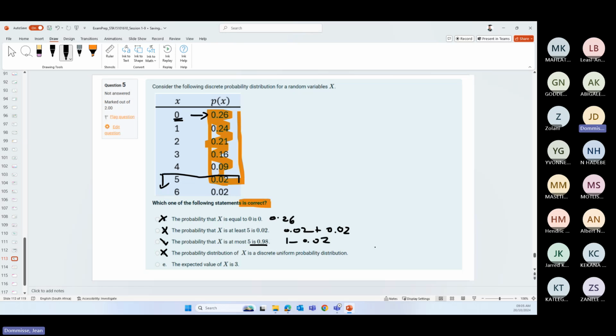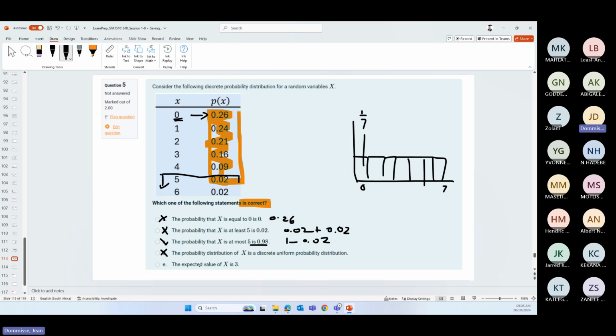Uniform would have meant that if we have 7 options, it would have been 1/7, 1/7, so that your graph would have also looked like this. Everything would have been 1/7 from 0 to 7. So that is what uniform means. It's the same probability for each one.